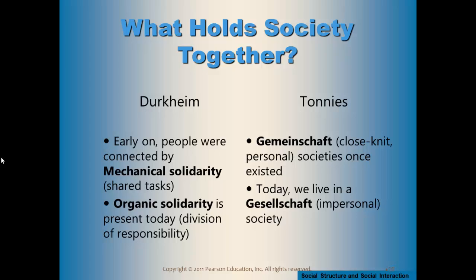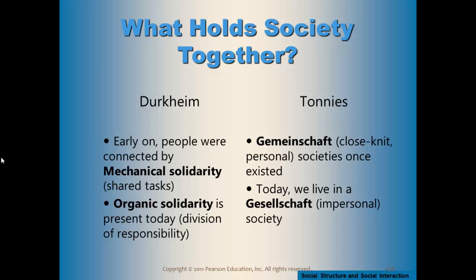The men do some things, the women do the other things, the children do certain things like get their education and prepare for the future, the older people provide for the children, those kinds of things. And so Durkheim sees an evolution of how society continues to work there, from sharing tasks to dividing responsibility.